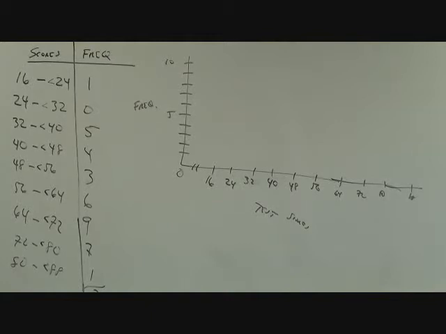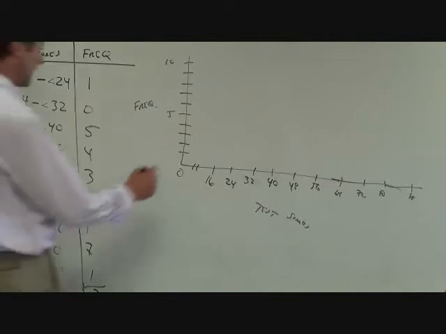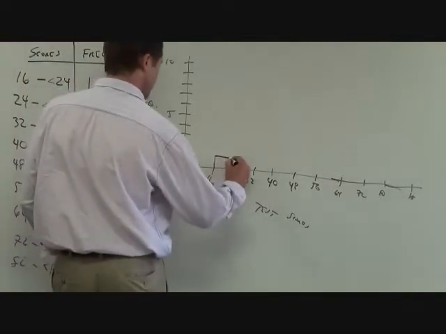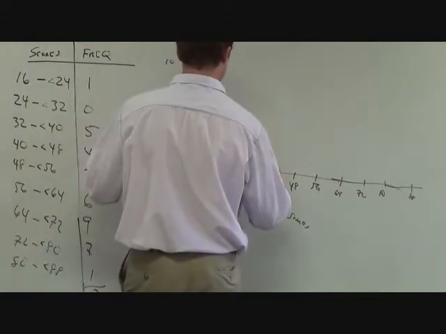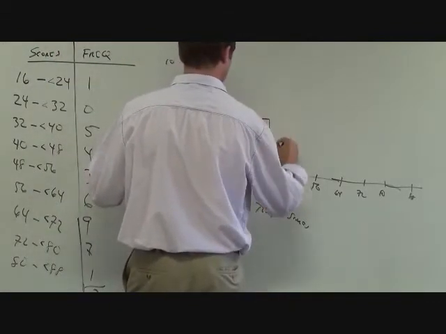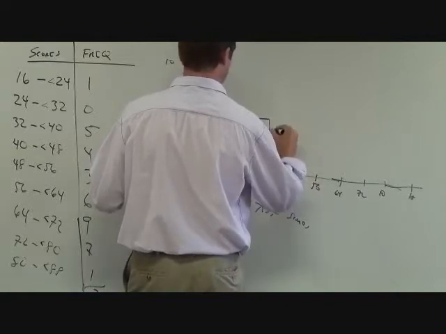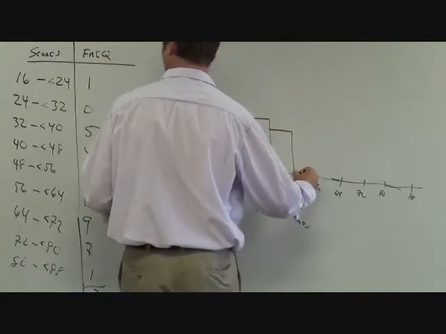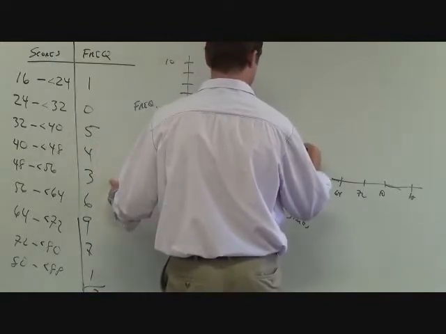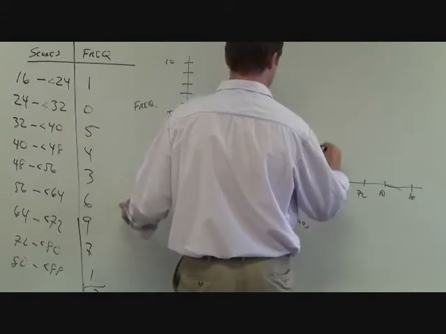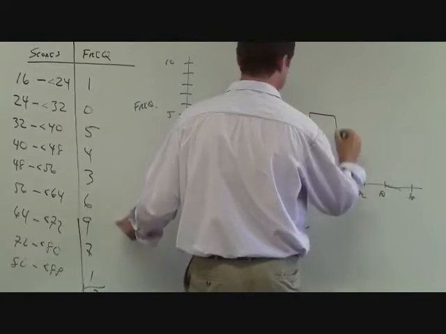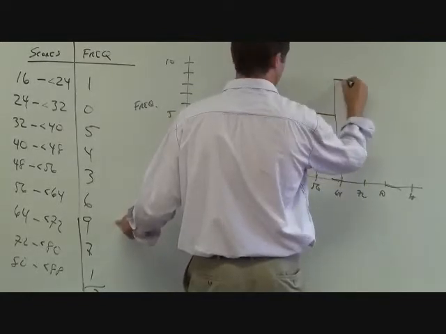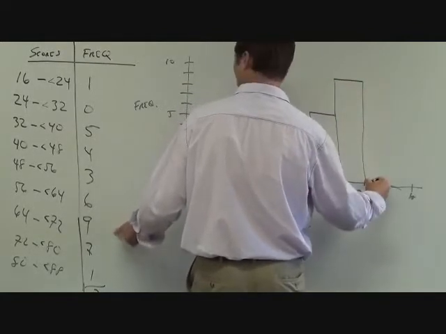All right, now we just draw our rectangles to represent how many were in each class. So the first one I had just 1. Second one 0. Third one 5. 4. 3. 6. 9. 7.